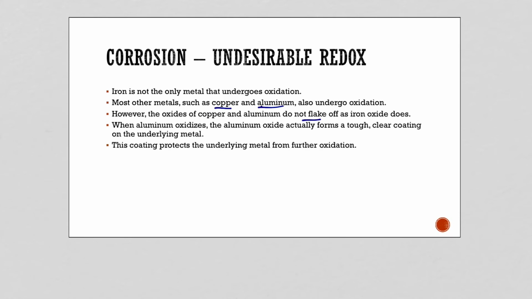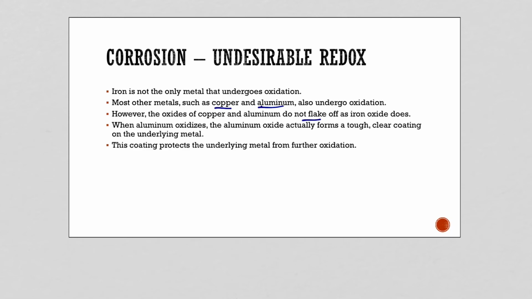Now, if it weathers, a lot of times it turns a white sort of coating on it. It turns a little, not shiny anymore. And that's because that's the oxide coating, and that's what you want, because that is what protects the aluminum from further corrosion. That protective coating will seal in the rest of the aluminum.